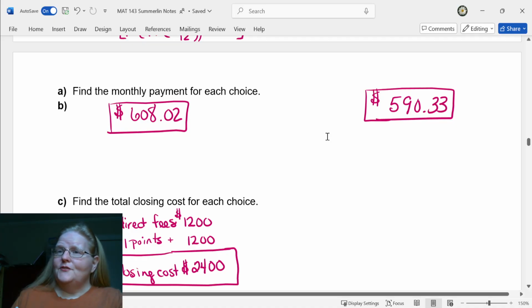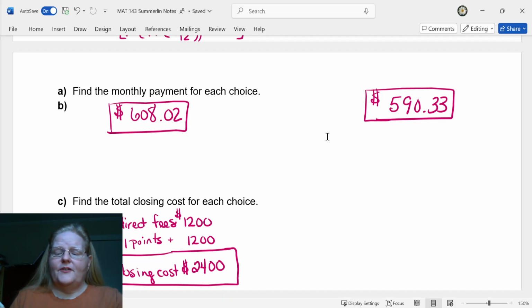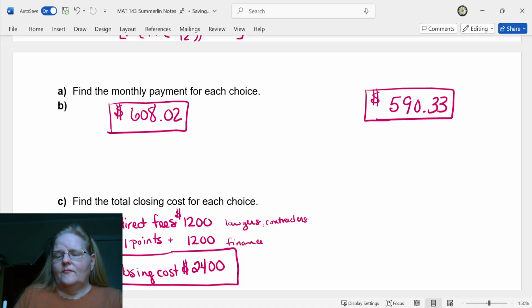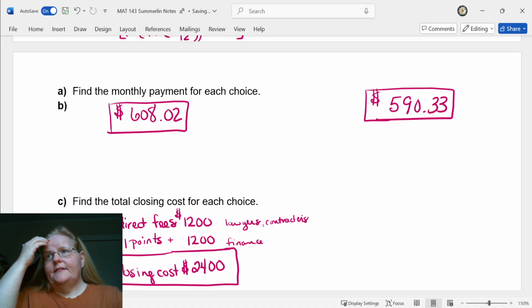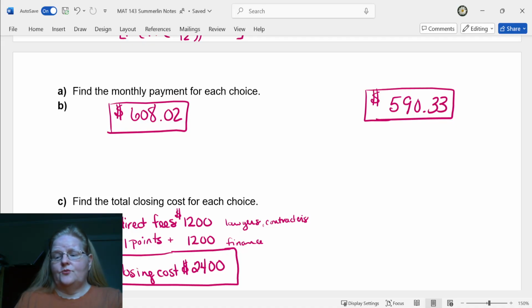So there's closing cost money that's paid mainly to the finance company, and then to the lawyers and to construction and contractors, etc., who say that the house is okay and everything checks out. That's what the direct fees go towards. But all of this is figured out in the closing costs.